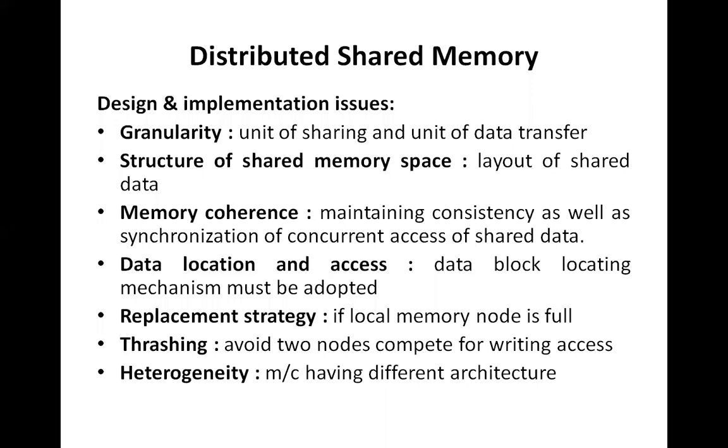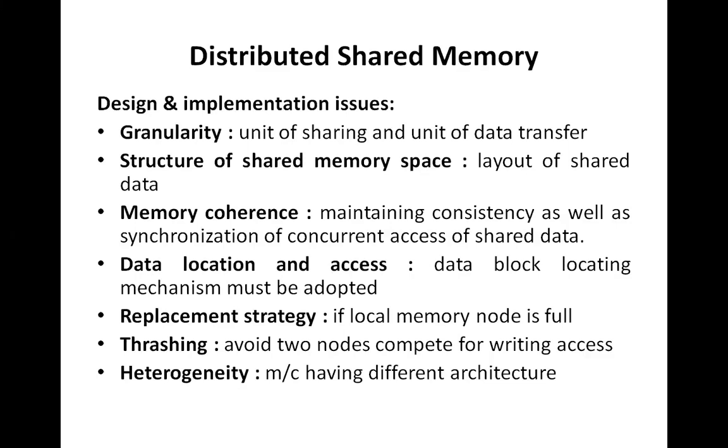Meaning thereby, whenever a client requires a data block, an up-to-date data block must be available to the client. That gives you the meaning of memory coherence. So you can say that coherence and consistency are related issues, because maintaining consistency is a very important part of the distributed system.